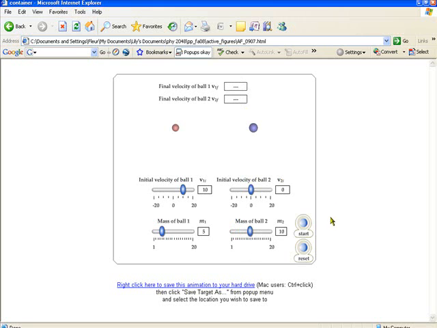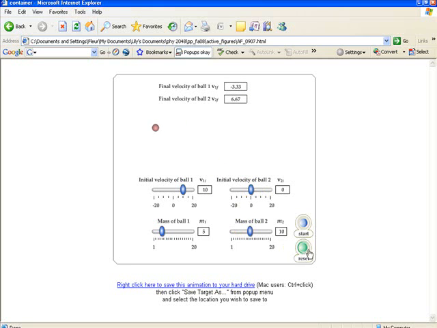Let's now see what happens to the final velocities, still keeping ball 2 at rest. We can see that now we don't have a transfer of velocities, but the final velocities are distributed among the two balls. And of course, we would calculate this using the equations in our previous slide.